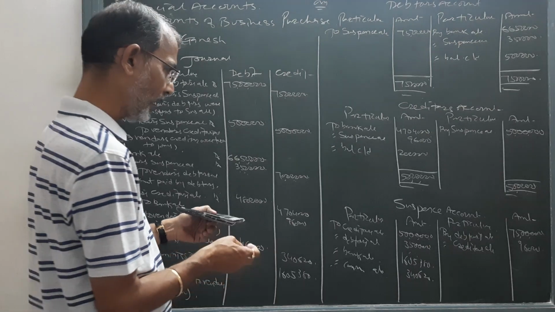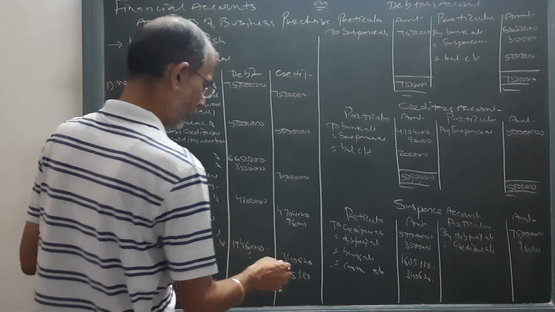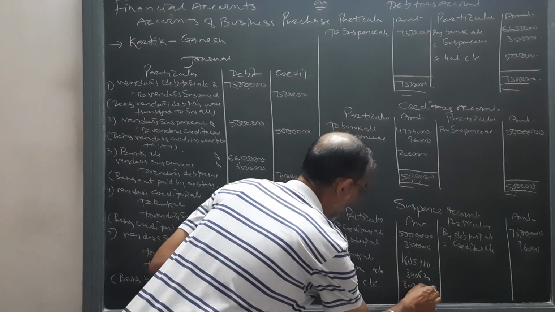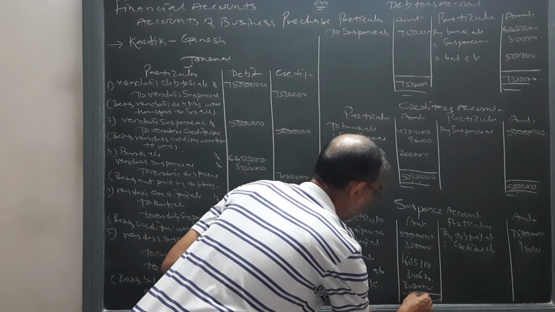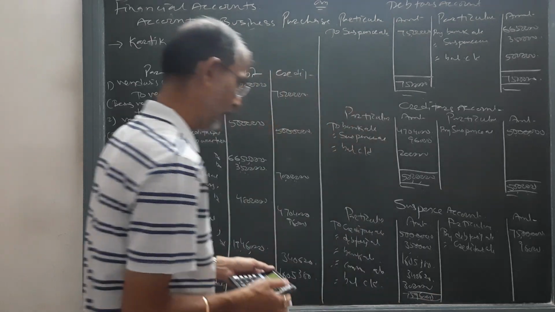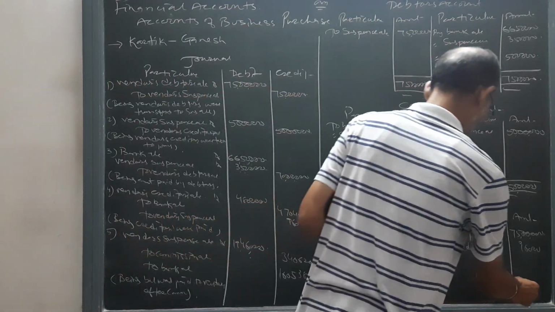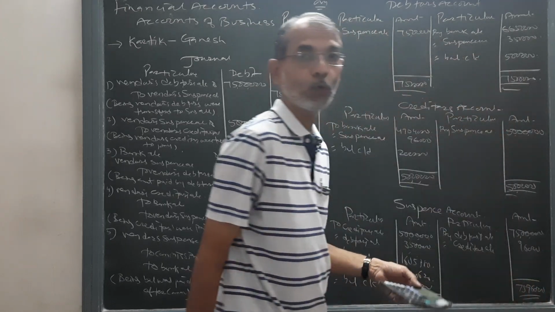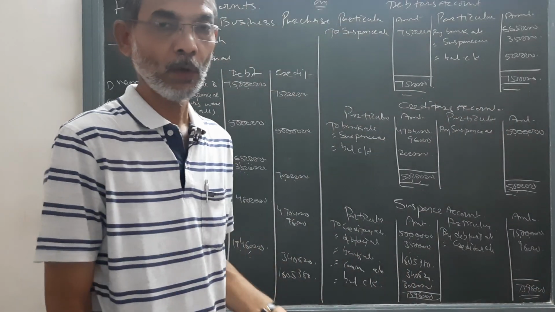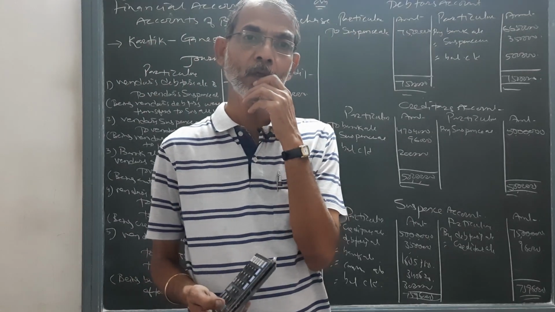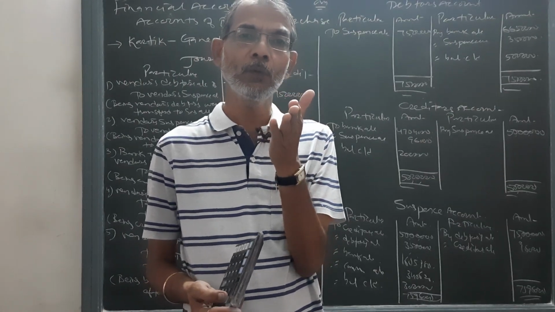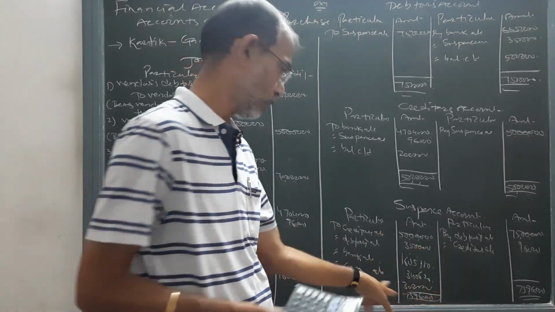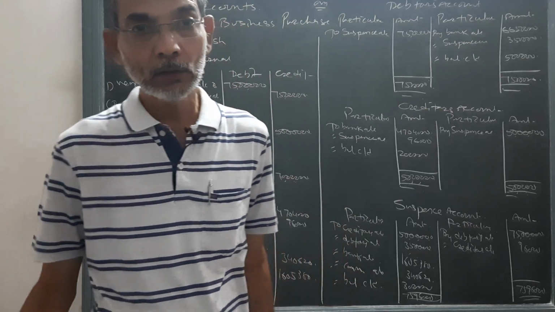So the balance will remain of 3 lakh. So 75 lakh 96,000 will be the total of suspense account. As debtors of 5 lakh remained and creditors of 2 lakh remain to be unpaid, the balance of suspense account will be 3 lakh.